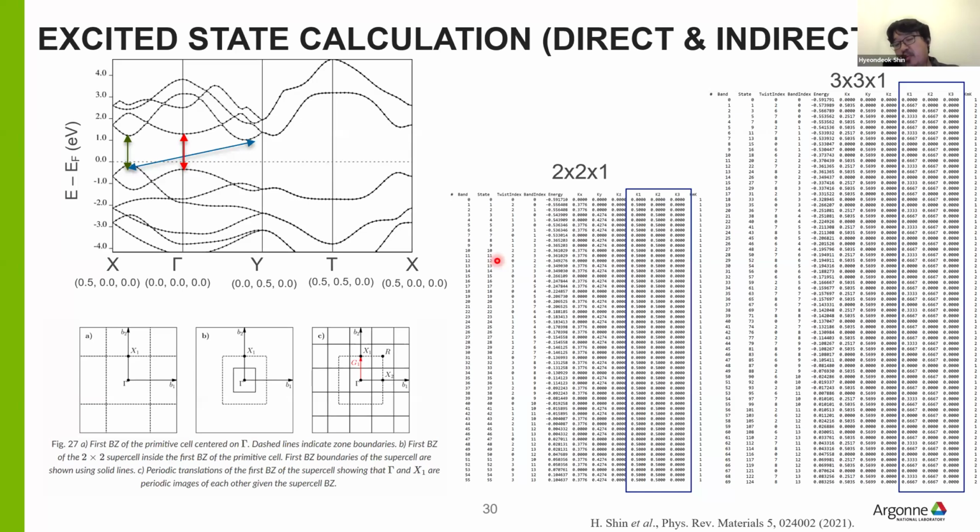Now if we expand this supercell to 2 by 2 by 1, we will get the same twist, and additional k points at 0.5, 0, and 0.5, 0.5, as shown in this eigenstate information for the 2 by 2 by 1. Those additional k points correspond to the X1, R, X2 points in figure 3.